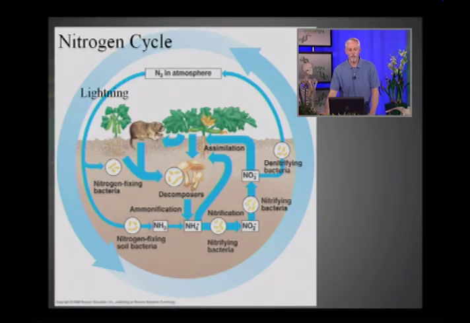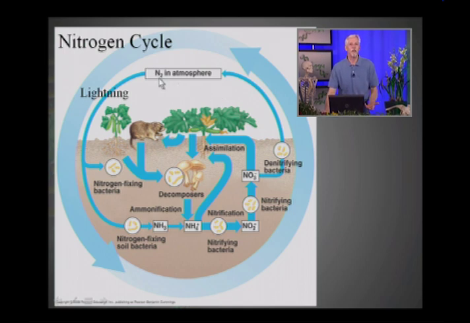We're going to look at a few different cycles, and the first one is the nitrogen cycle. The nitrogen cycle has kind of a cycle within a cycle in a sense. When we look at the nitrogen cycle, we begin with nitrogen, N2, nitrogen gas. Nitrogen gas is really not a very friendly or useful form of nitrogen for living things.